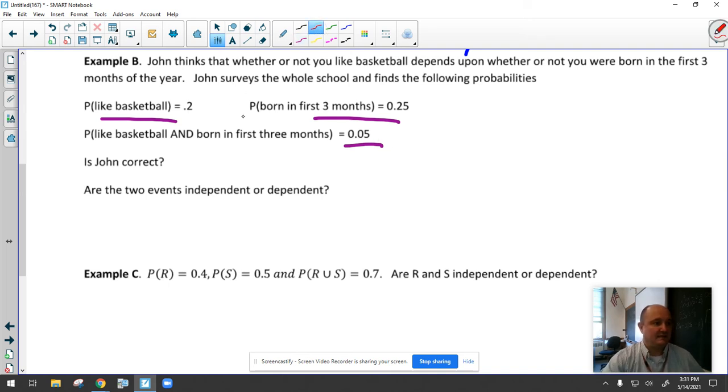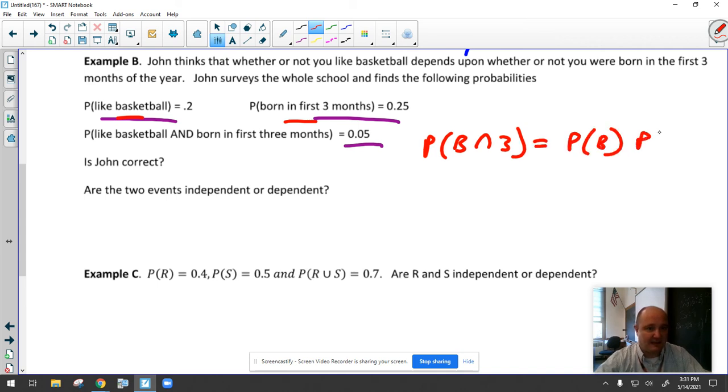So the question is, are these two things independent or dependent? Do they maybe correlate or associate with one another or not? Well, the probability that somebody likes basketball and born in the first 3 months, is that the same as the probability that somebody likes basketball times the probability that they were born in the first 3 months?